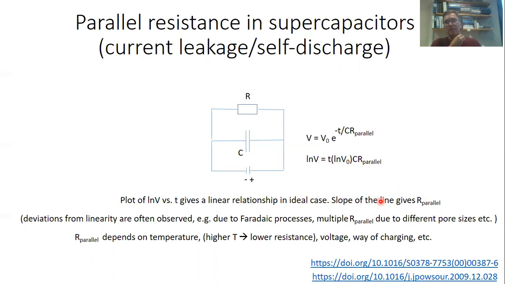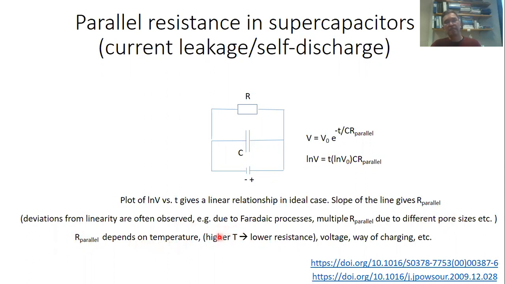In practice, you may not get a completely straight line because there are other processes that can occur as well, for instance Faradaic processes or multiple parallel resistances that occur because of irregularities within your electrode material, for instance different pore sizes, etc. The parallel resistance also depends on temperature.